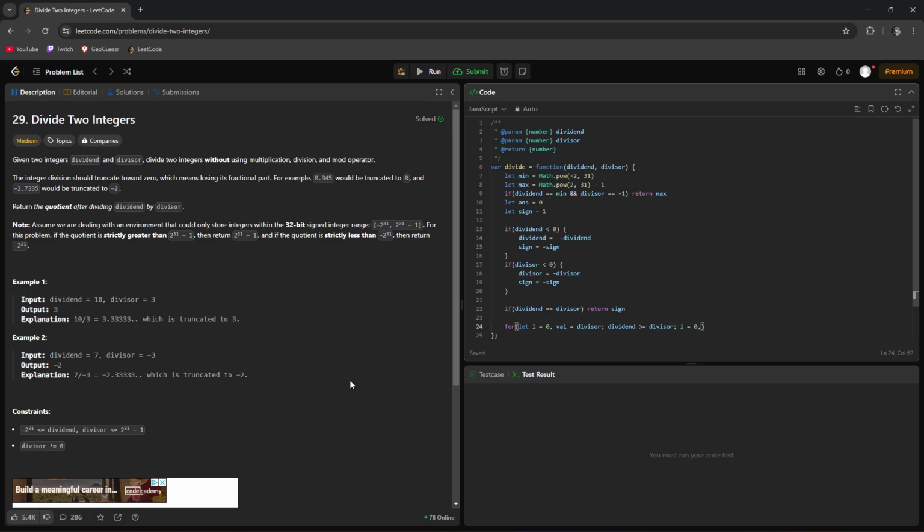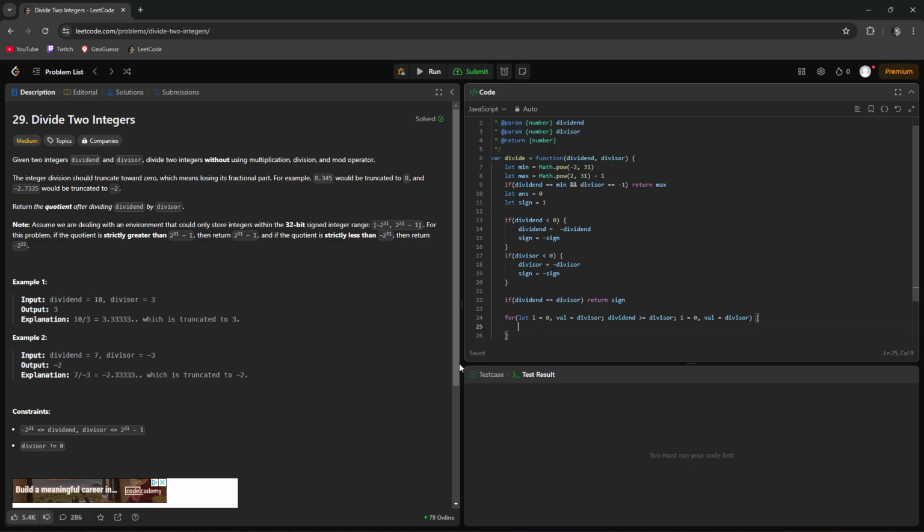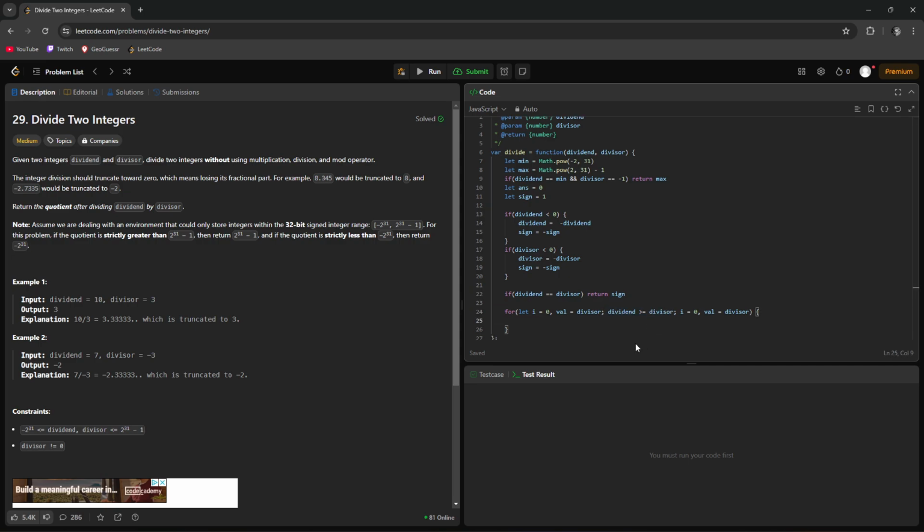We'll have i equal to 0, and these are going to be reset, and this is going to be our main condition. Because we're going to have to do some bit manipulation.